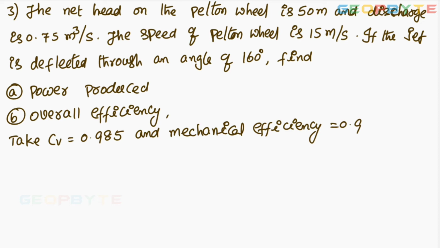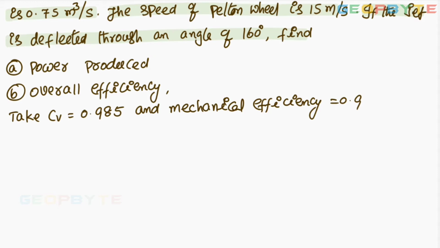The net head on the Pelton wheel is 50 meters and the discharge is 0.75 meter cube per second. The speed of the Pelton wheel is 15 meter per second. If the jet is deflected through an angle of 160 degrees, then you are asked to find the power produced and overall efficiency.